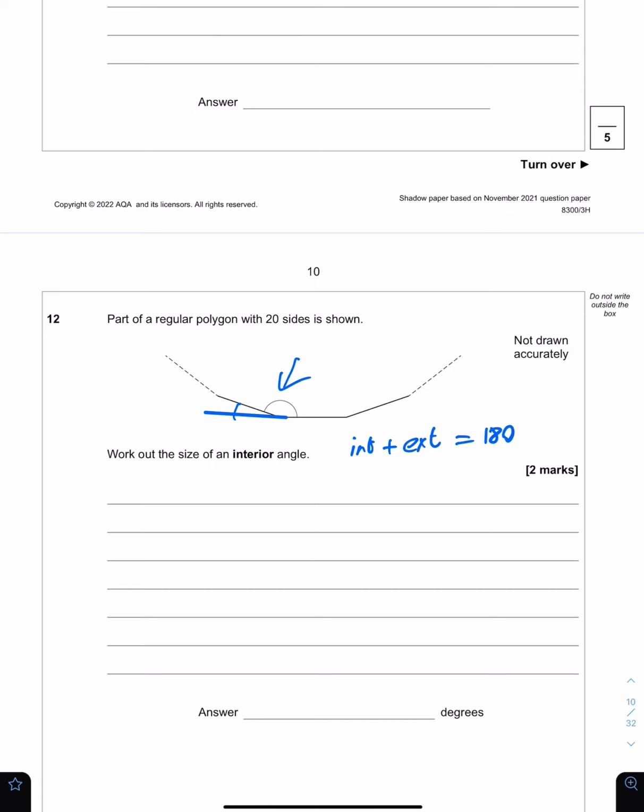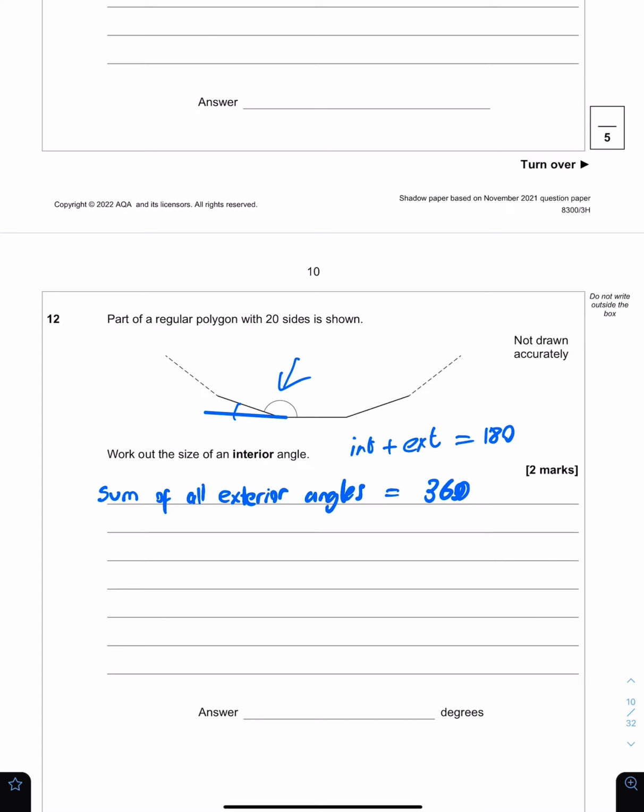And the other thing is that the sum of all exterior angles in a polygon is equal to 360 degrees. It doesn't matter what the polygon is, it's always going to be 360.